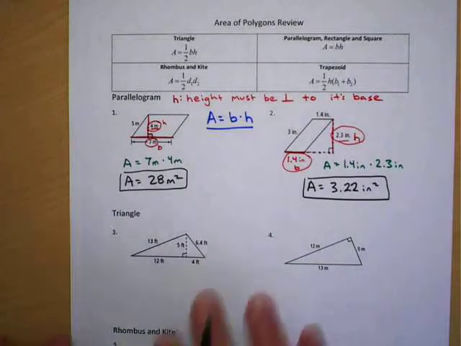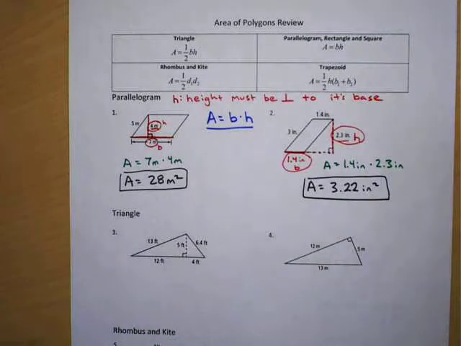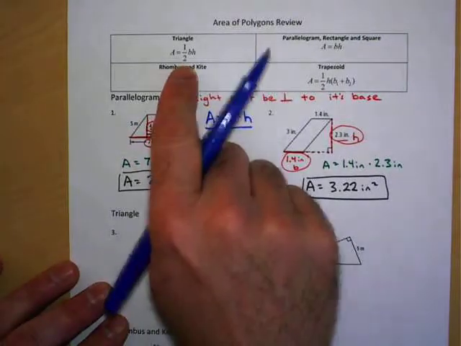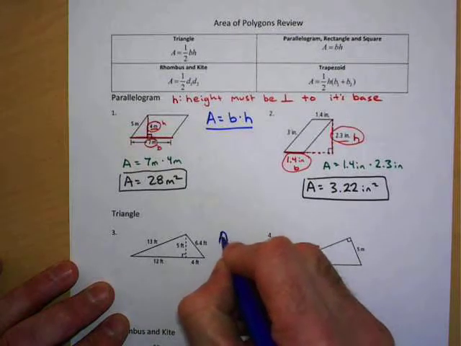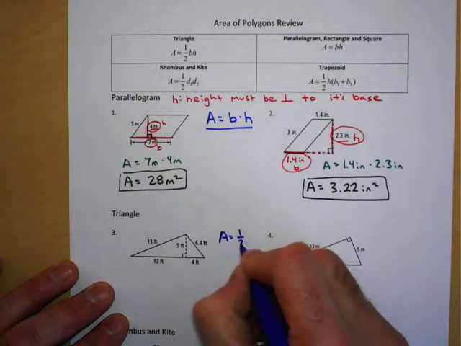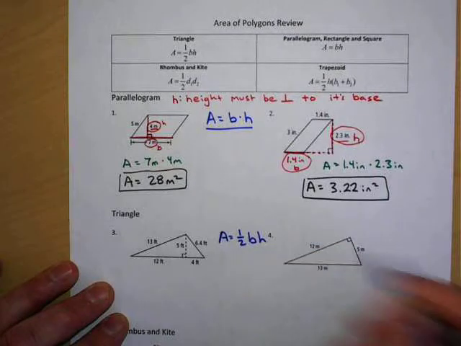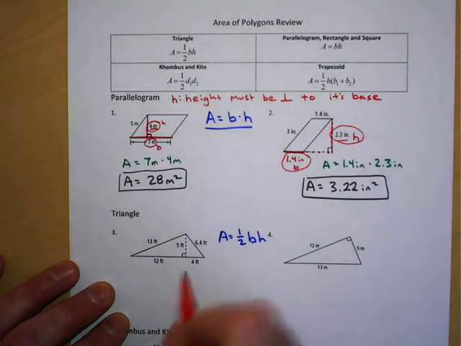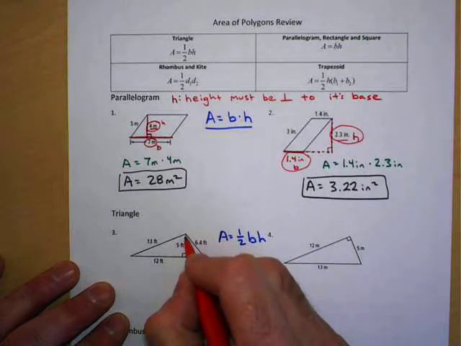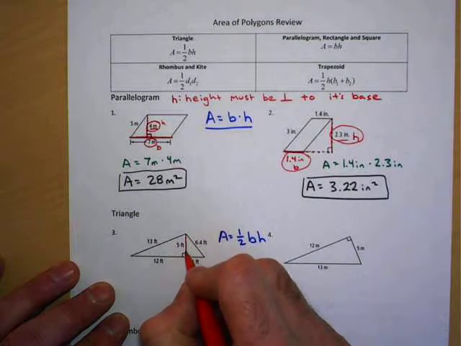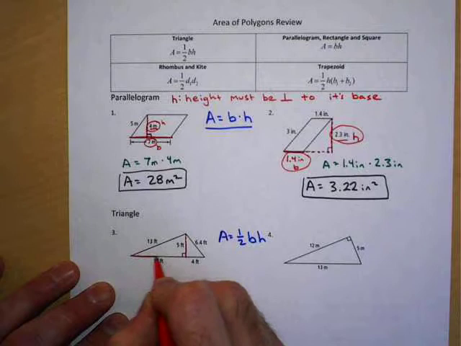Now moving on to triangles. Triangles, hopefully you remember, but if you don't, we give the information to you. Area here is going to be 1/2 base times height. And again, your base and your height have to be perpendicular. So when you see something like this, the only lines that I'm sure are perpendicular to one another are this and this.